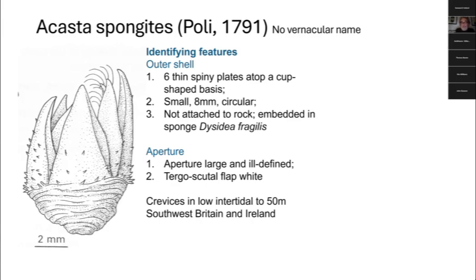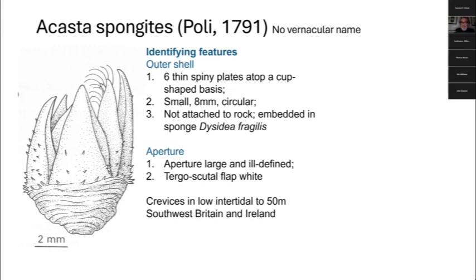It's embedded in the sponge Dysidea fragilis. I think in other parts of the world it does go in other sponges, but in the UK it seems to be Dysidea fragilis. And it uses these spines on its plates, I guess, to help secure it in place within the sponge framework.